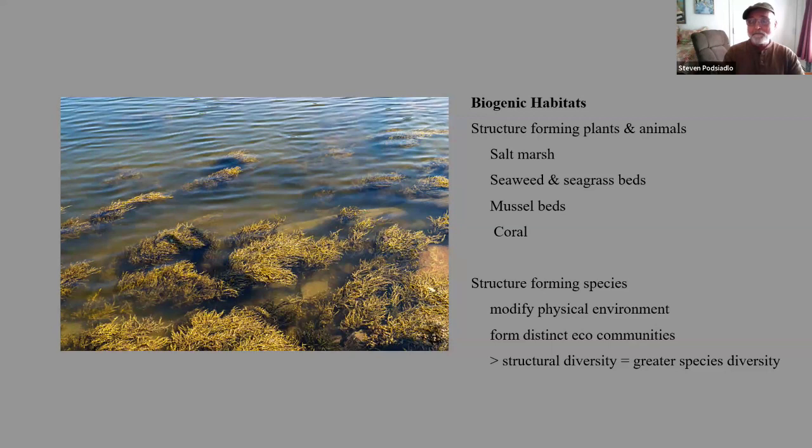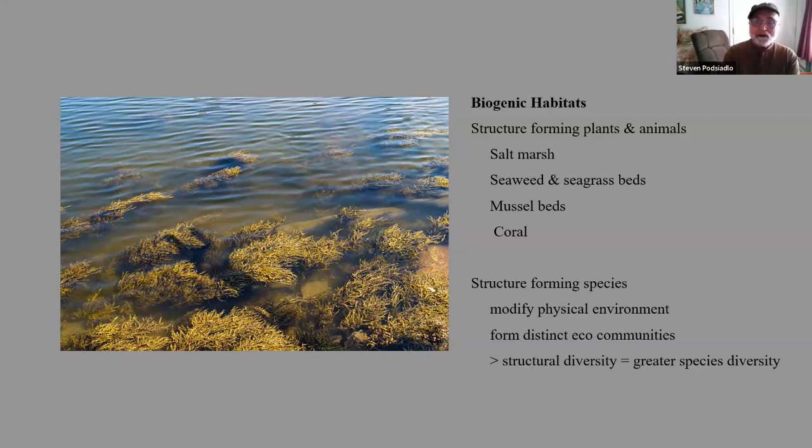Biogenic habitat. A biogenic habitat is one that has structure-forming plants and animals, and they would include salt marshes, seaweed and seagrass beds, mussel beds, and coral.